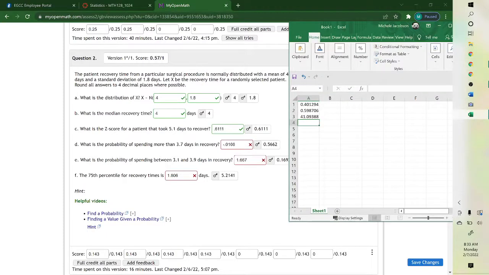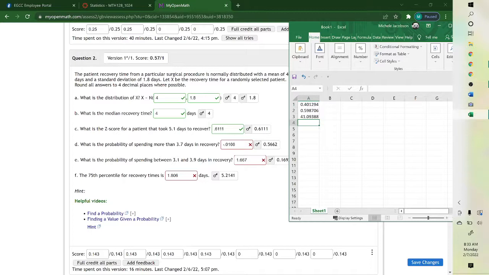So for this one again, we put our mean and our standard deviation. Median recovery time is your mean. They're equal when it's normally distributed. What is the probability of spending more than 3.7 days in recovery?